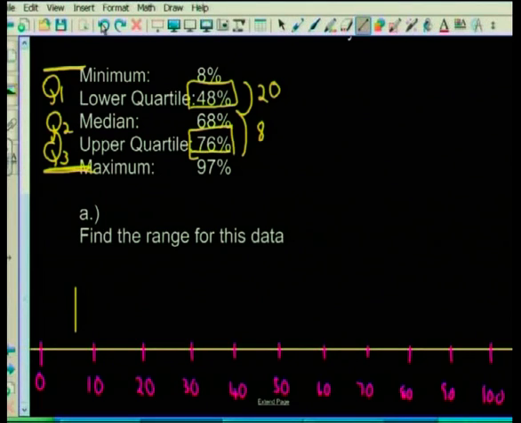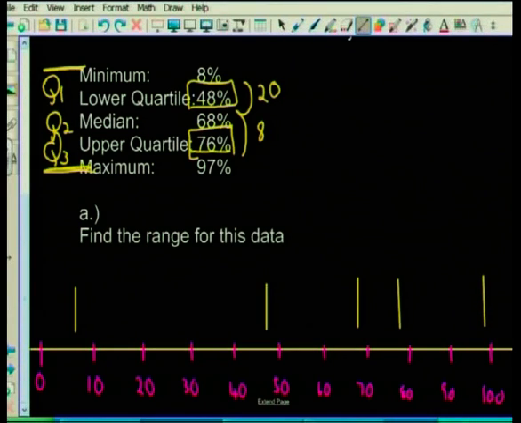Just a second, my line's not on the same level, so let's do it there. Okay. That's more or less 48%. Then my median, which is 68%. Another line over there. And my upper quartile, 76. Almost forgot about that. That's about there. And my highest value, 90.